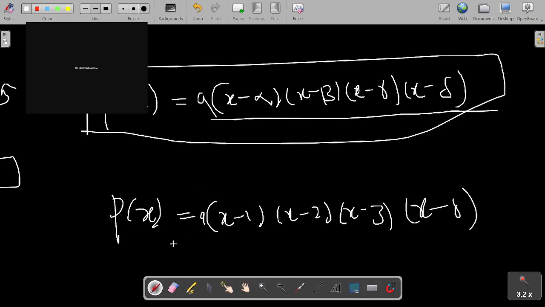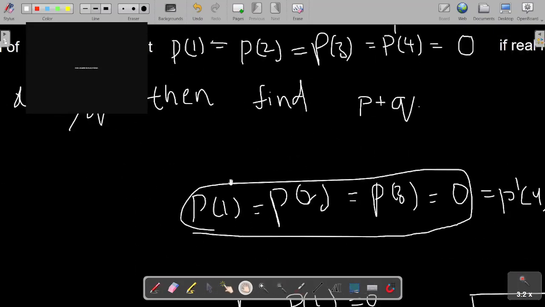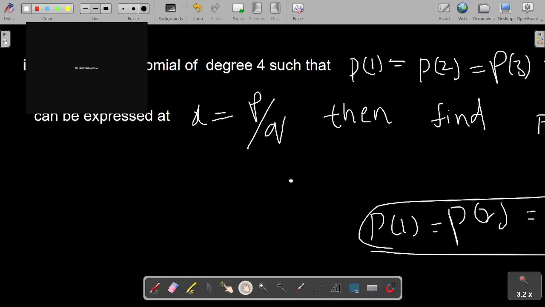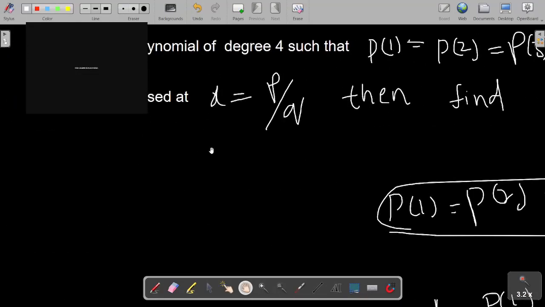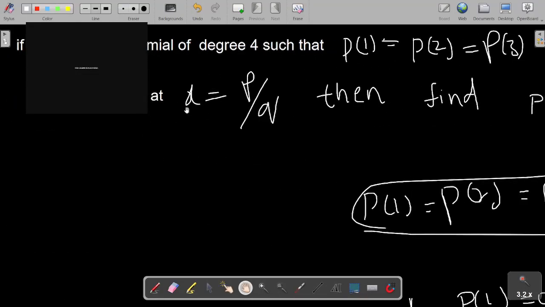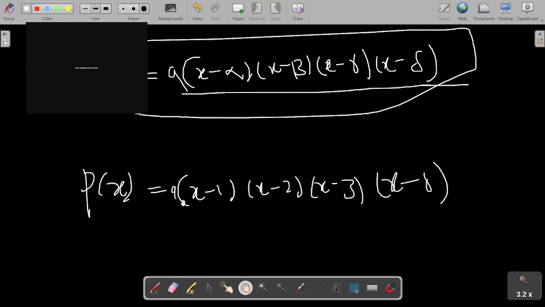A is a constant, and in the question they did not mention that the highest degree of x coefficient is unity. It is not mentioned, so we have to consider a constant here also.